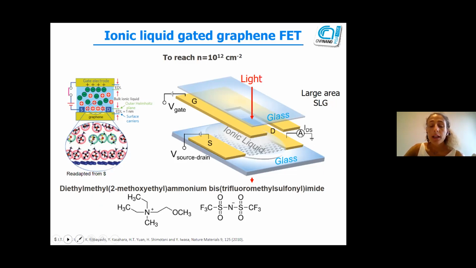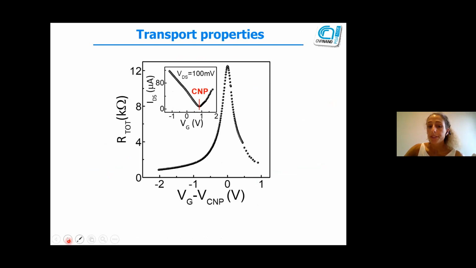So first of all, we characterize the transport properties of the device, and we can testify for the ambipolar conductance of graphene, which is manifested by the V-shape of the source drain current as a function of the gate. We could also find the charge neutrality point as the minimum conductivity.